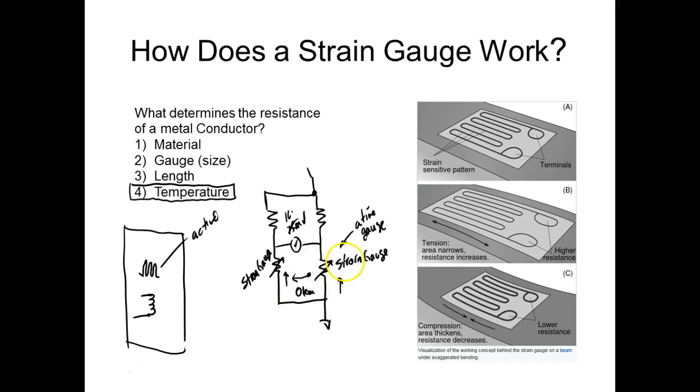But if the weight comes on this and causes this to go up to, say, 500 millivolts, then that's going to be the weight. So this guy's in there to compensate for what? Temperature.